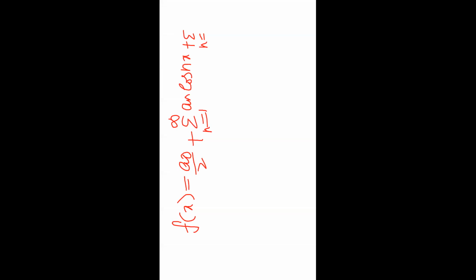After replacing l equal to pi, the Euler's formula becomes f of x equals a naught by 2 plus sigma n equals 1 to infinity a n cos nx plus sigma n equals 1 to infinity bn sin nx.